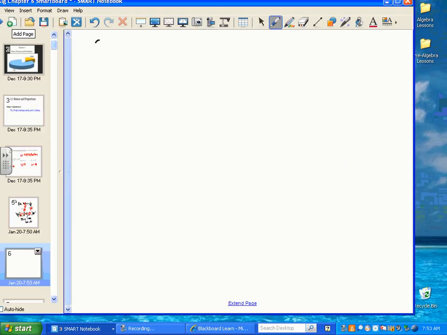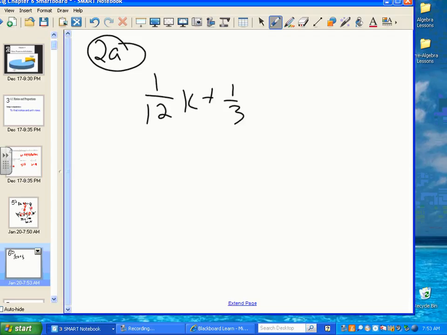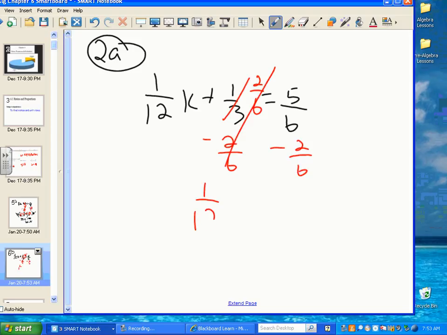So, Abigail, what is the first thing that you did? Okay, and then you move 2/6 to the other side by subtracting, right? Your next step, just in case, you have 1/12K equals 3/6, and from there, multiply both sides by 12, cross simplify, and you end up getting 6.